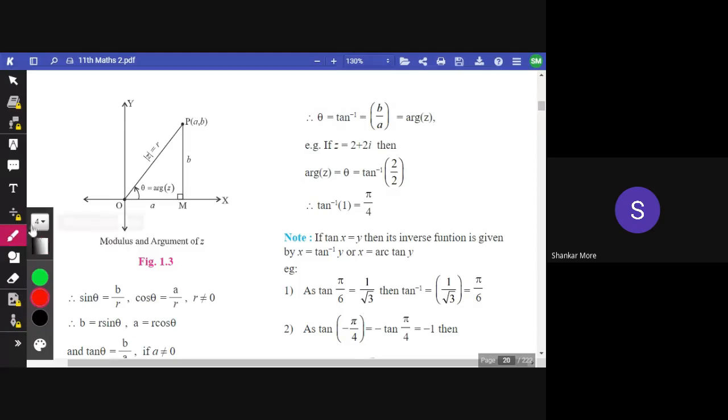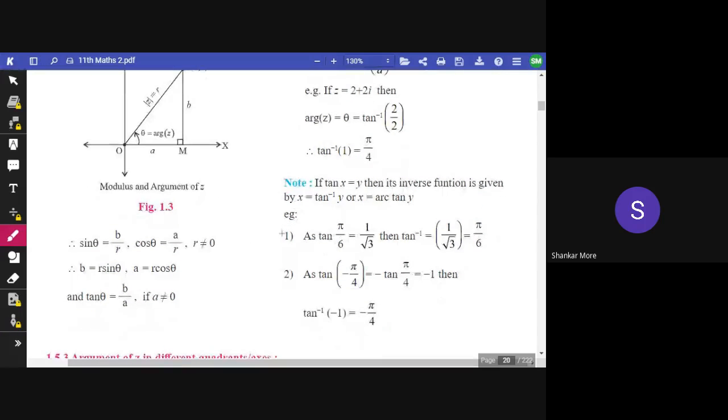Is there any doubt in modulus and argument? You can ask me. Yes or no? Okay, no. Sankalp has said no.